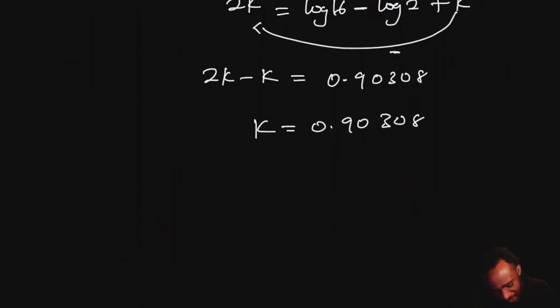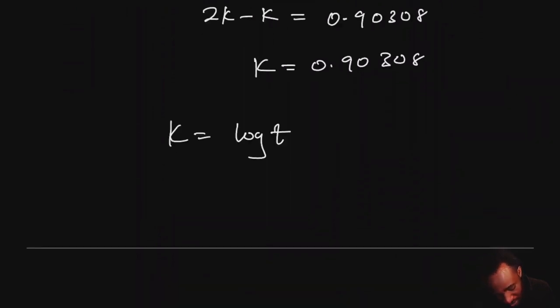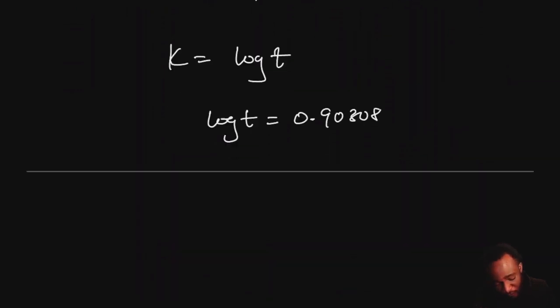But we know that k is equal to log t. So everywhere we see log t, we represent k with log t. So log t is equal to now 0.90308.